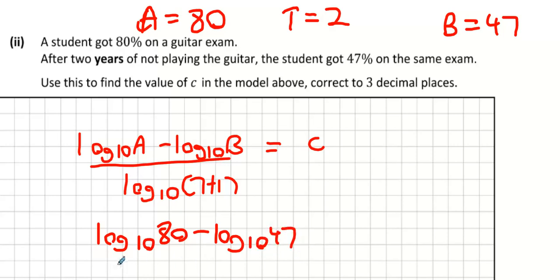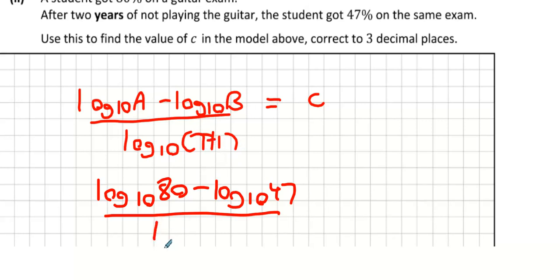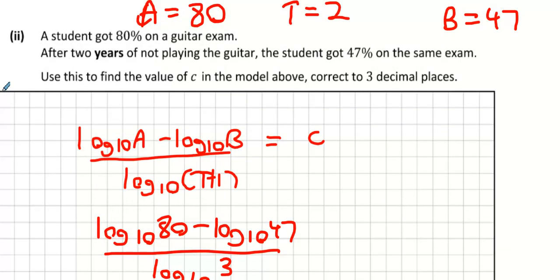I'm going to do the bottom, see the bottom? See the T equals 2? That's going to be log 10 base 3 on the bottom. What? Oh, the same months. Oh, sorry, excuse me. Wait.